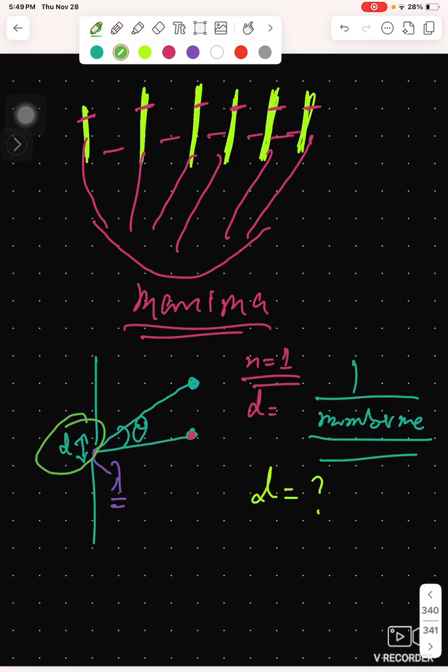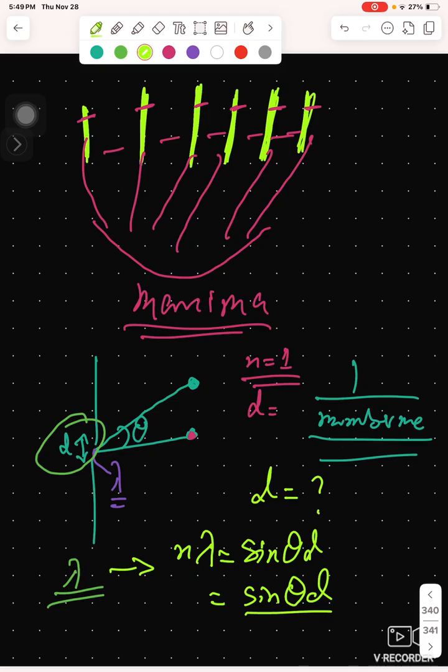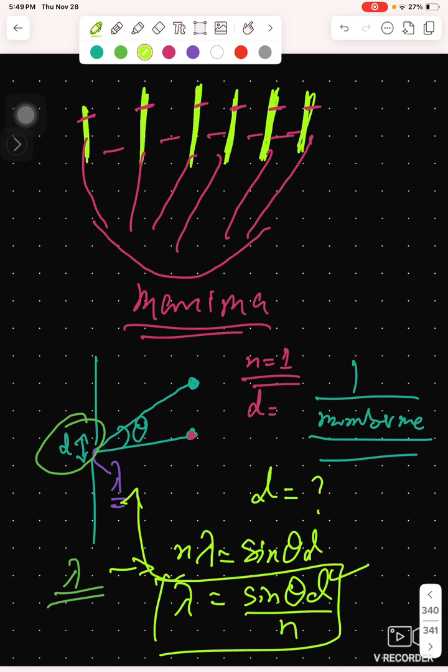So here the challenge is to find the wavelength. So we rearrange this equation. n wavelength is equal to d sine theta, so we get d sine theta over n is equal to lambda. This equation can be used to find lambda over here. Since d is not given, we can calculate d.